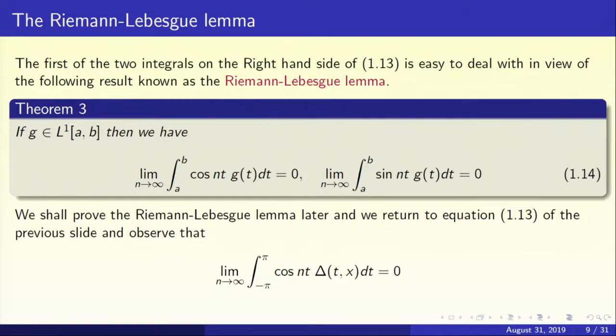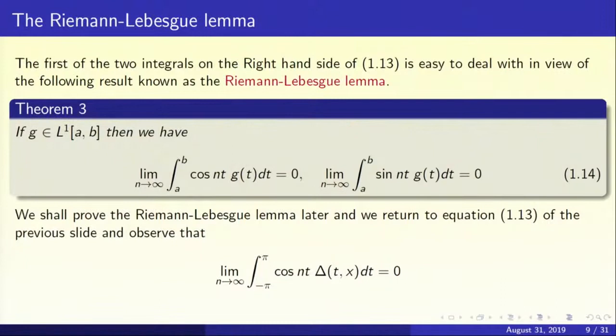We shall postpone the proof of the Riemann Lebesgue lemma and continue with the discussion of equation 1.13. Remember, in equation 1.13 we had two integrals, and the first appears here: the limit as n tends to infinity of the integral from minus pi to pi of cos nt delta tx dt. Remember, what is delta tx? It is f of x minus f of x minus t.